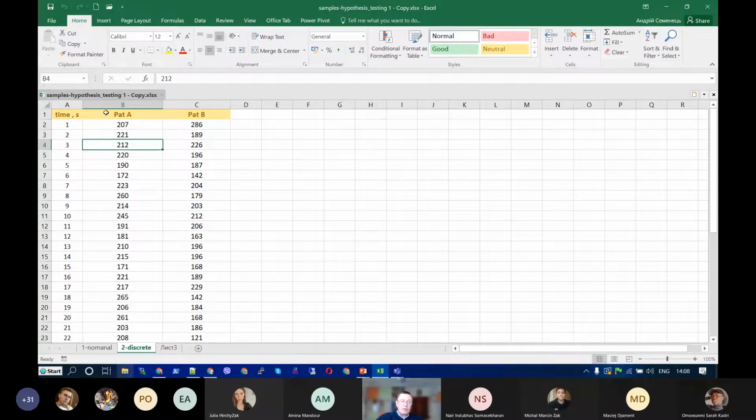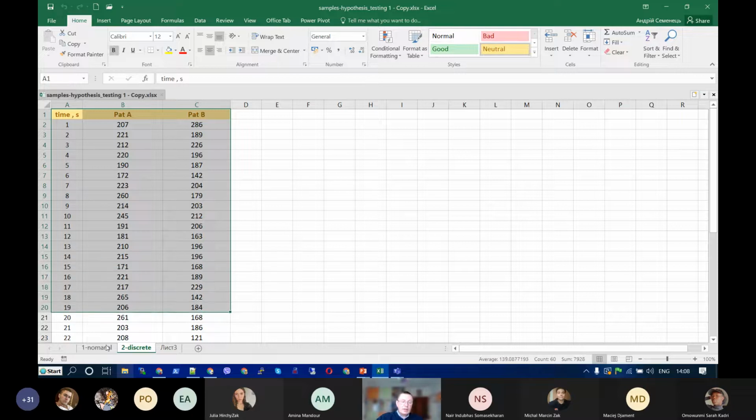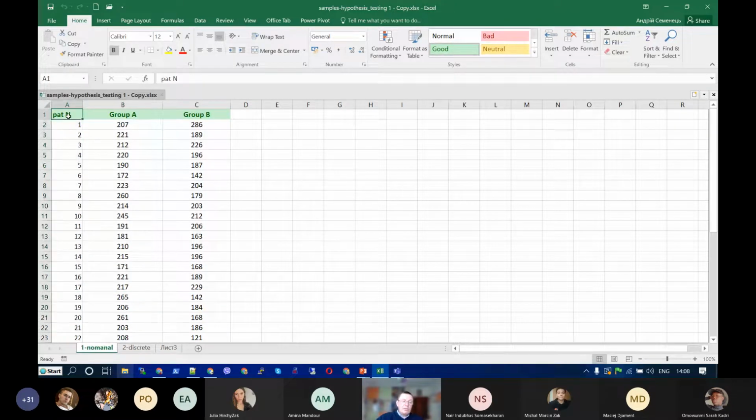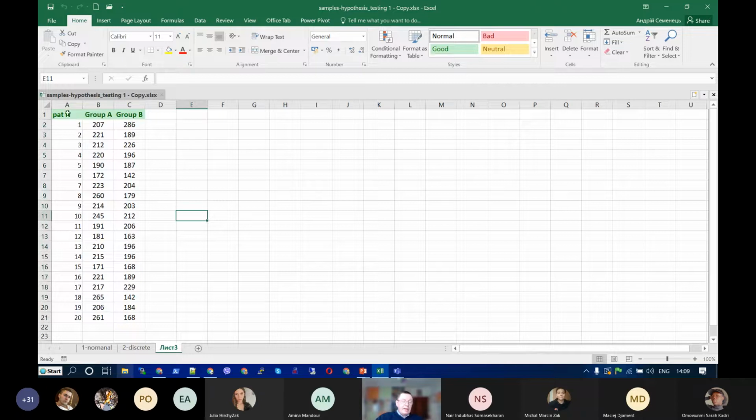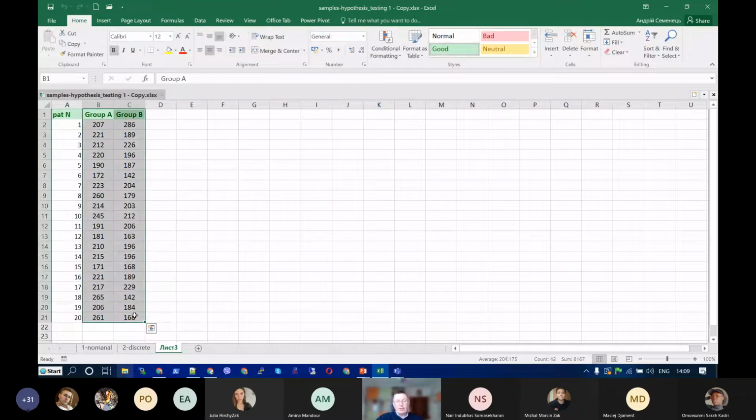Because here we deal with a continuous data set, and here we deal in fact with a categorical nominal data set. Okay, let's stay on the nominal data set, when we deal with patients, each observation retrieved from a different patient, no matter what kind of characteristics.